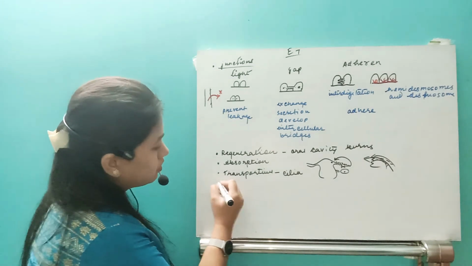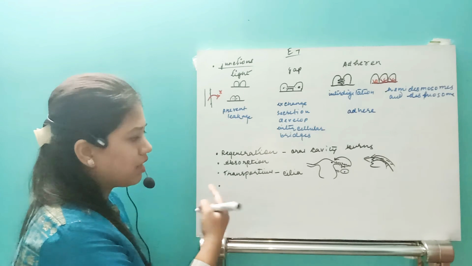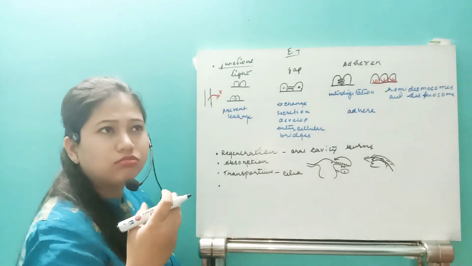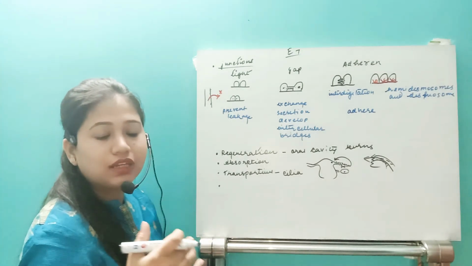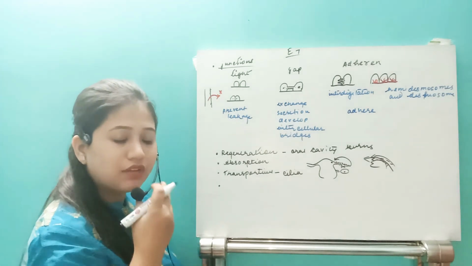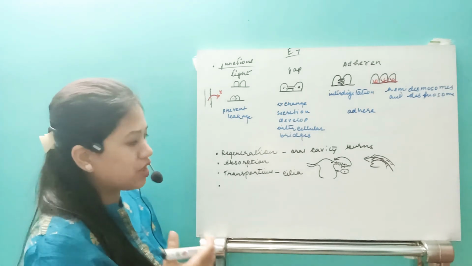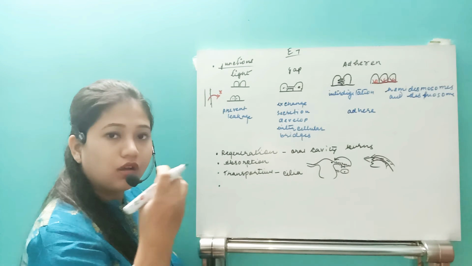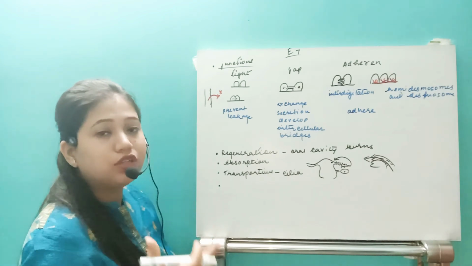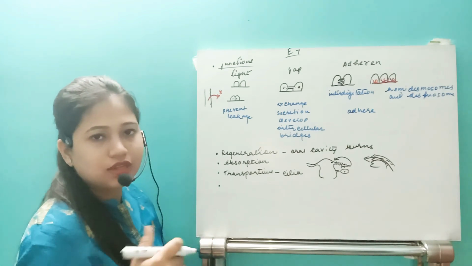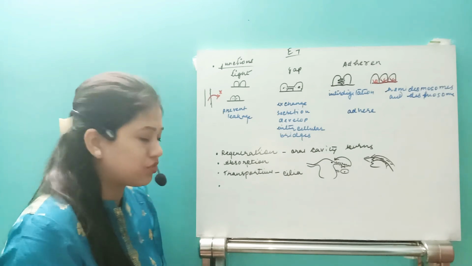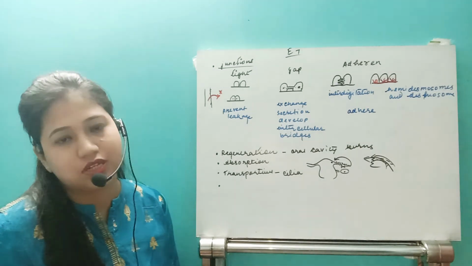Next, another characteristic. In the nephron, in the proximal and distal convoluted tubule, it also helps in transportation of different ions or the urine, which we will call the nephric filtrate, from one region to the next with the help of this epithelial tissue.